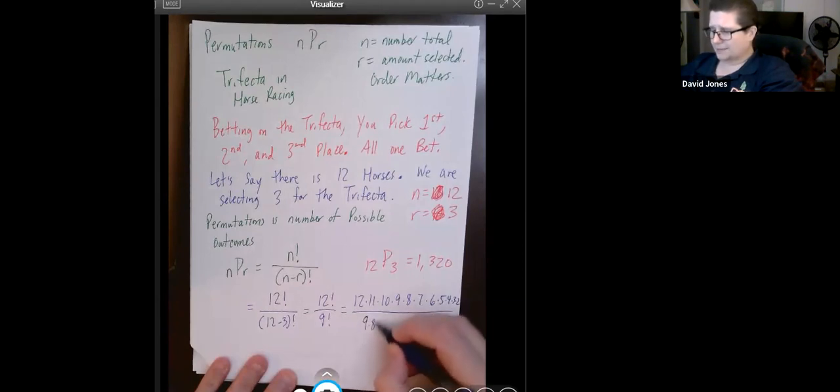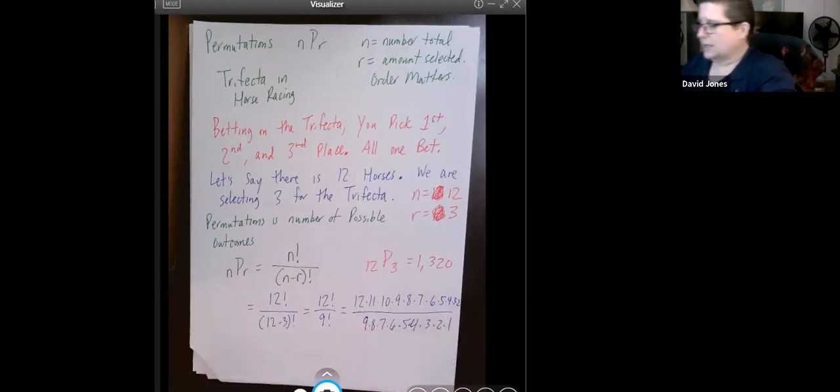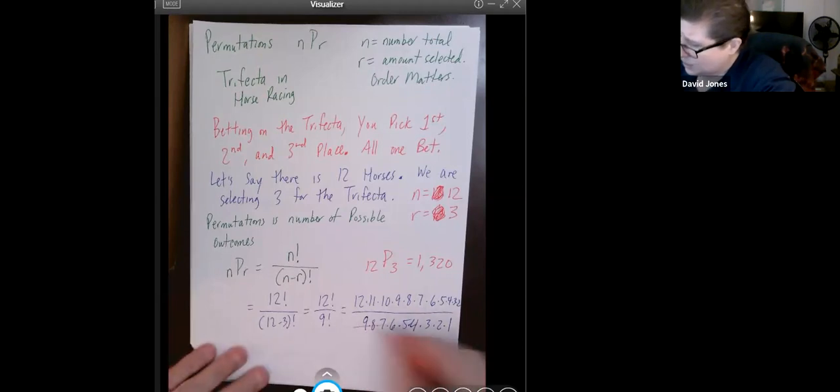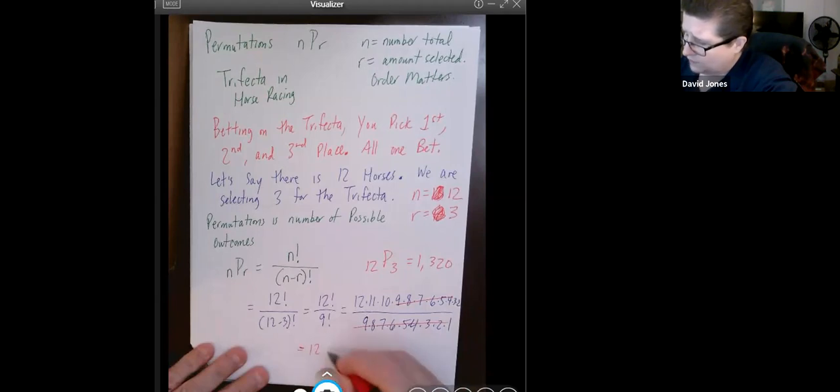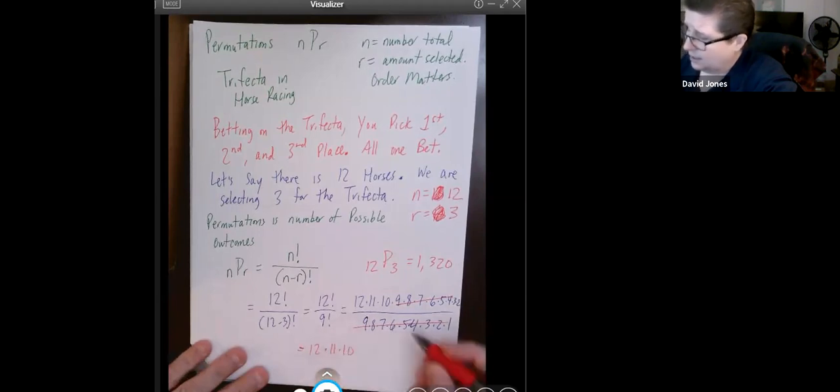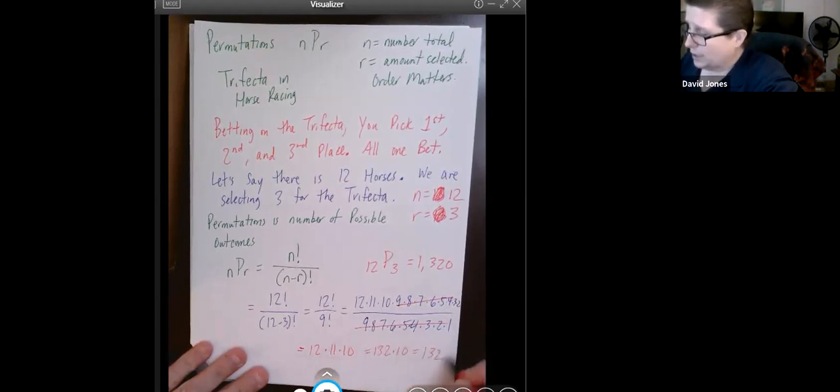Bottom is 9 times 8 times 7 times 6 times 5 times 4 times 3 times 2 times 1. You'll notice that all of these cancel with those right there. This ends up being 12 times 11 times 10, which is 132 times 10, which is 1320.